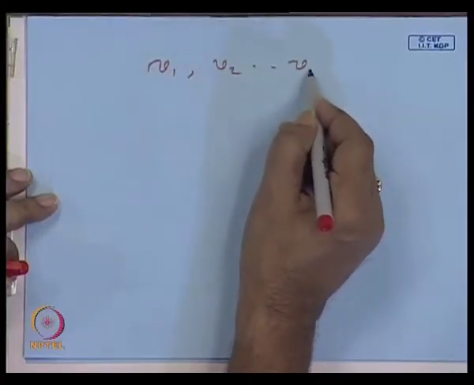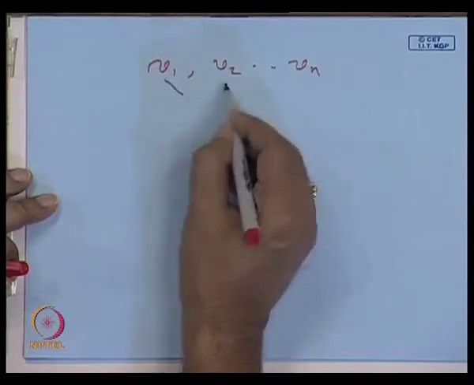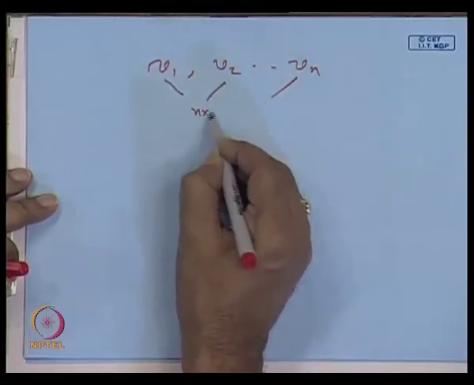Okay. So, in short, you should know how to do the linear independence test. If you have a set of vectors, let us call v1, v2, up to vn, and the dimension of all of these is n cross 1.